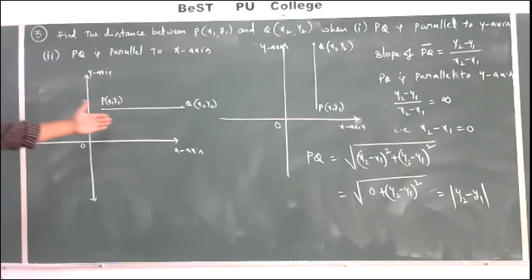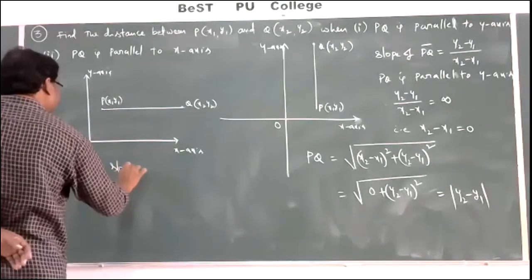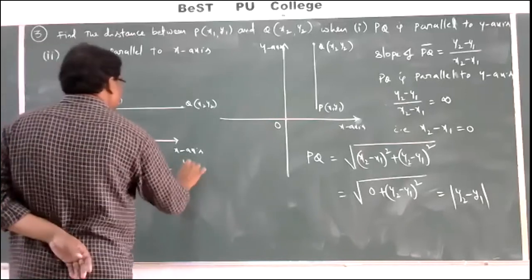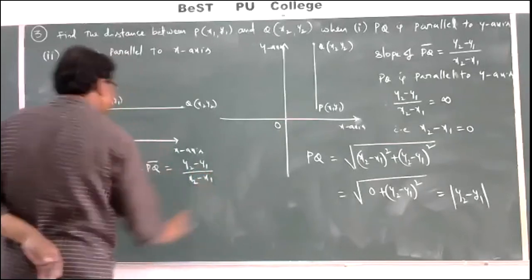Yes, observe this figure. Here P is (x1, y1) and Q is (x2, y2). This line segment is parallel to the x-axis. So what is the slope of PQ bar? Slope of PQ bar is y2 minus y1 by x2 minus x1.